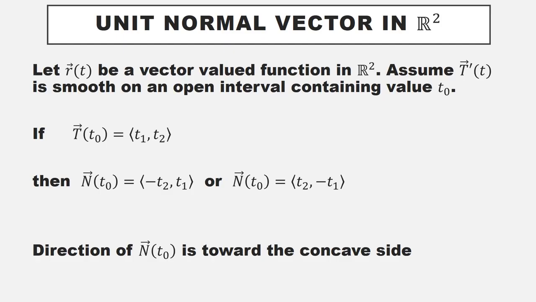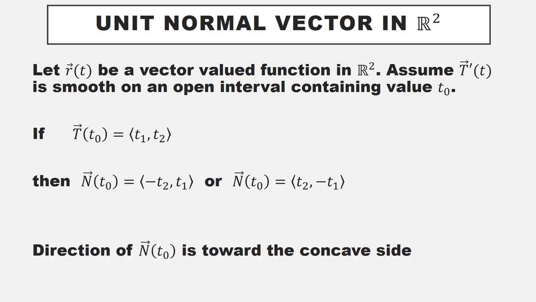If we have a unit tangent vector in R2, there are only two vectors that are both orthogonal to the unit tangent and have unit length. So if I know a unit tangent vector, I can simply find a vector orthogonal to that unit tangent, which has unit length, and that must be my normal vector.